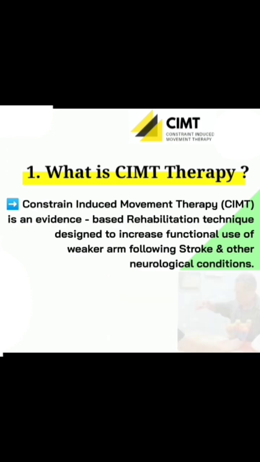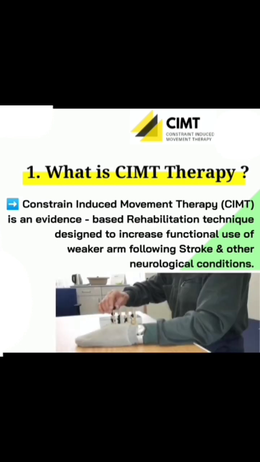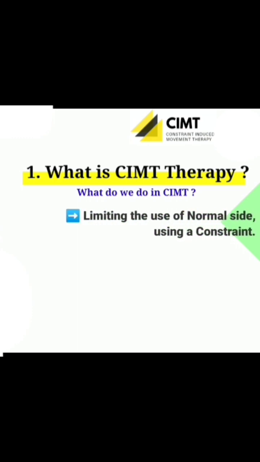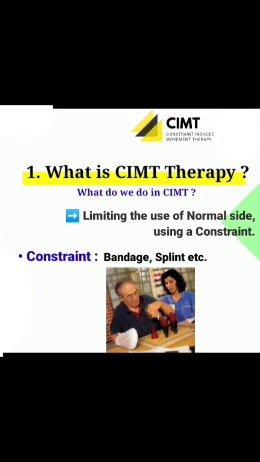That means it is restricted, and the use of the paralytic arm or the weaker arm is being facilitated. For example, if a patient's left arm is paralyzed or is the weaker side, the therapist constrains the right side, that is the arm which is stronger or which is normal. The therapist constrains it by the use of bandage, gloves, splint, etc.